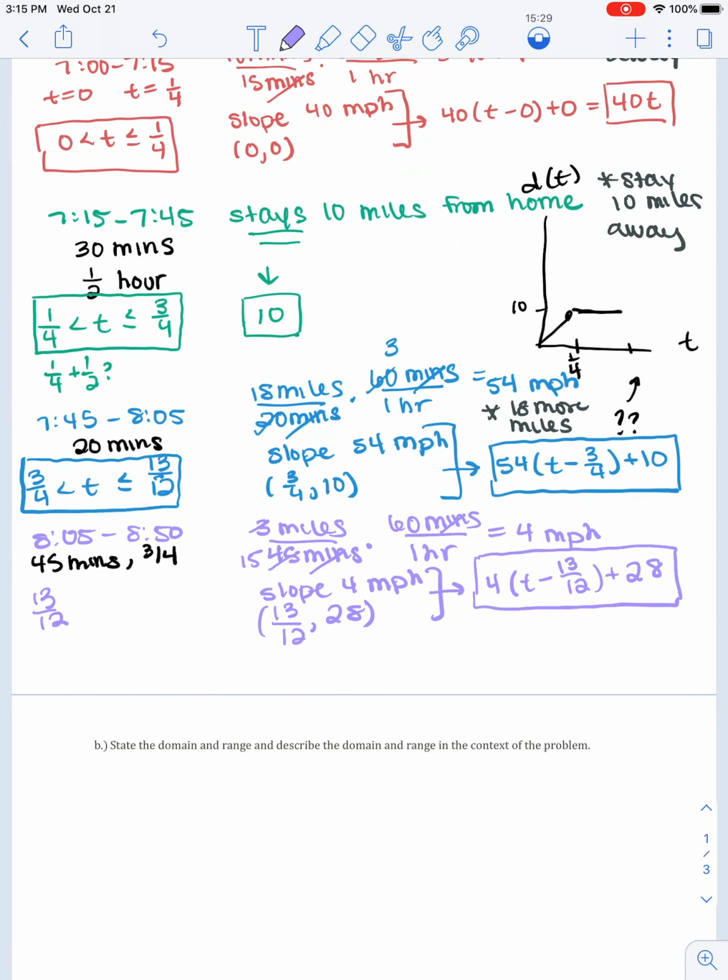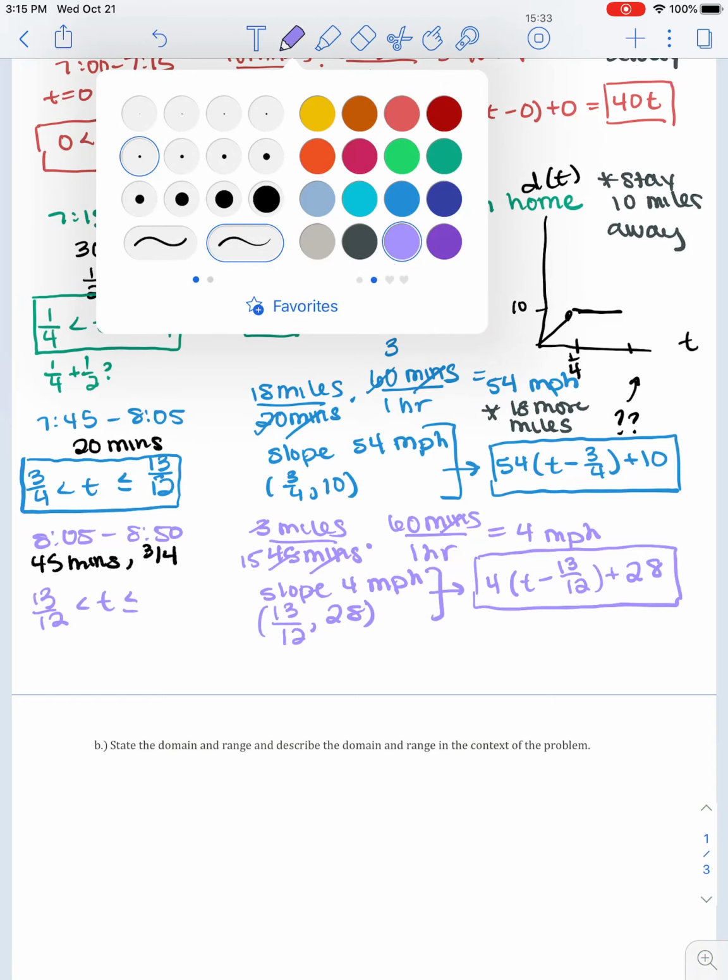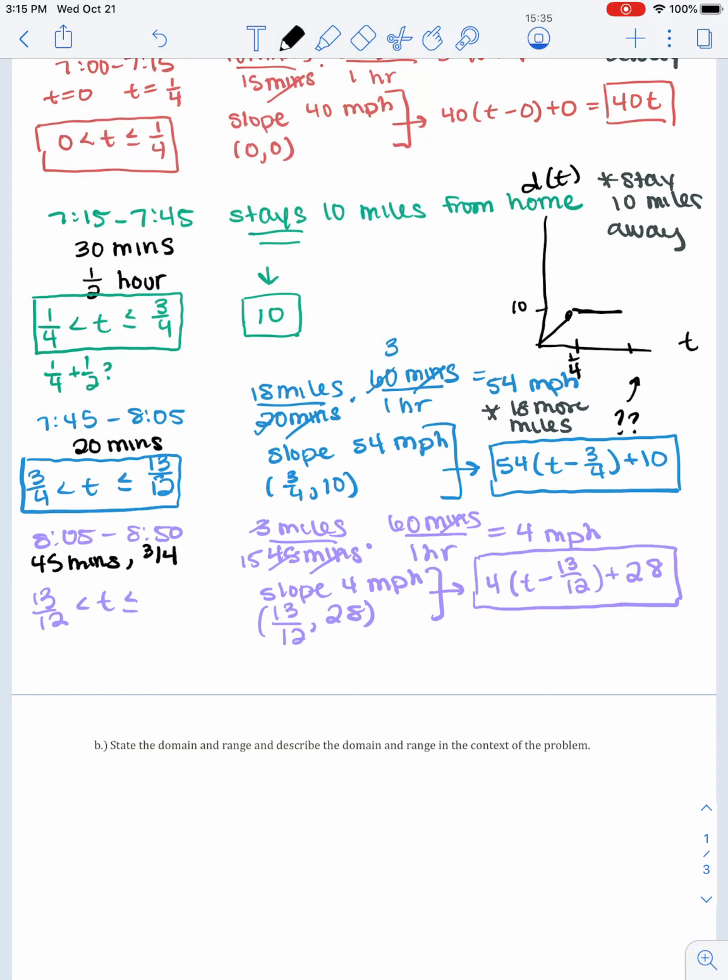So we want to figure out what is 3/4 plus 13/12. Okay, so we want to take 13/12, that time that his jog started at, and we want to add the 45 minutes that he jogged for. So doing that addition, getting that common denominator, gets us 13/12 plus 9/12, which equals 22/12, which equals that 11/6 that we saw in class.